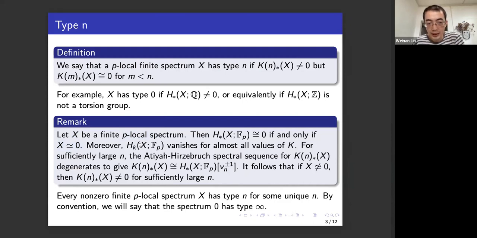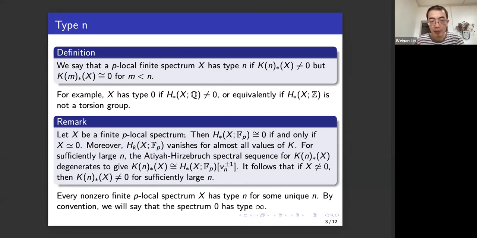moreover, the homology vanishes for almost all values of k. If it's a finite p-local spectrum, you can compare this to a finite CW spectrum. You know that if you have a finite CW spectrum, then the homology vanishes when the degree is sufficiently large.